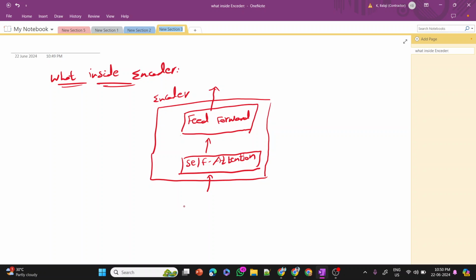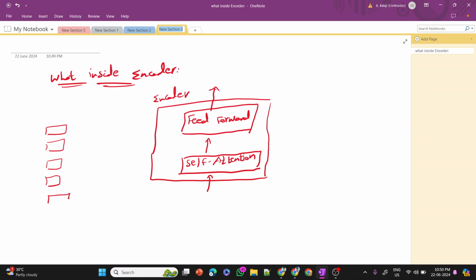And we will give the input to the first part of the encoder. I told you that there are six encoders stacked one by one like this.